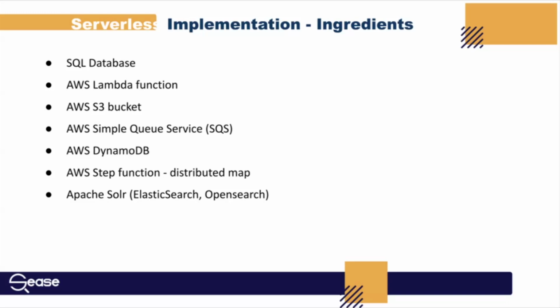So you can process up to 10,000 S3 bucket files in parallel. And finally, we have Apache Solr, our search engine. By the way, we can use Elasticsearch or OpenSearch.